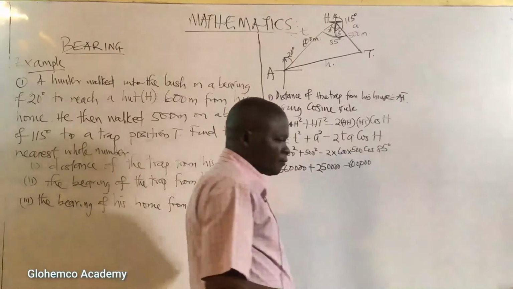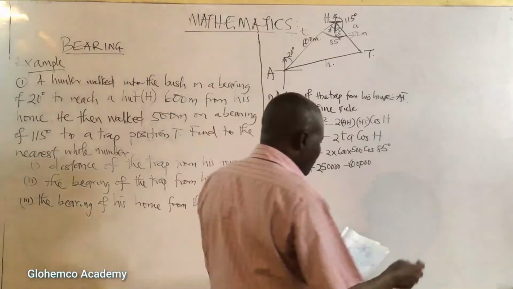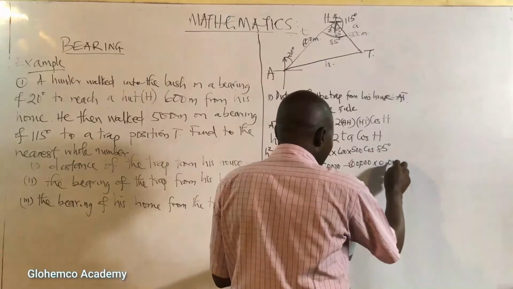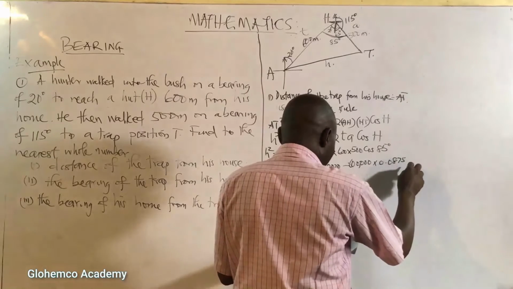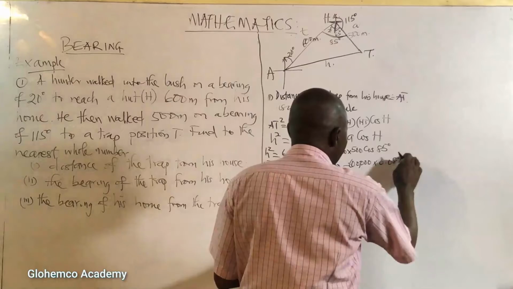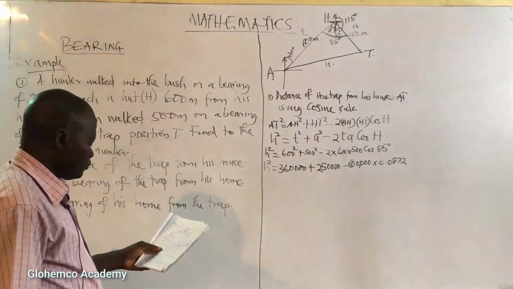Then cos 85 will be multiplied by 0.0872. Okay, this is our value.